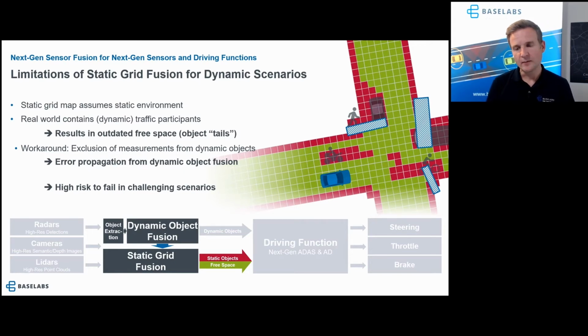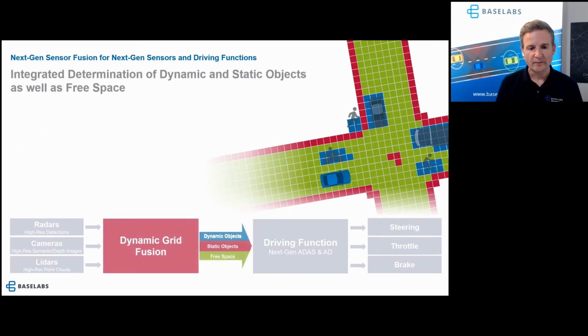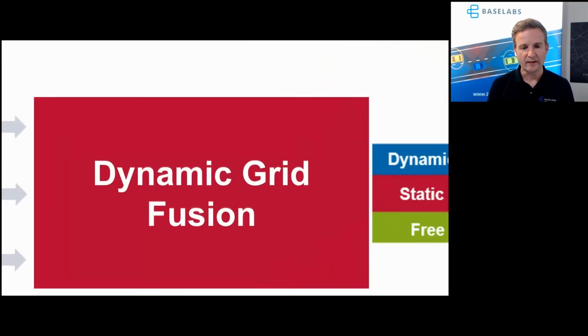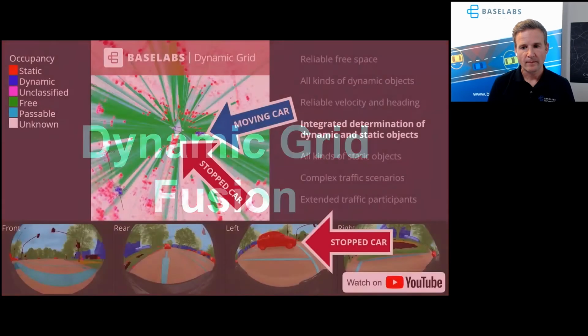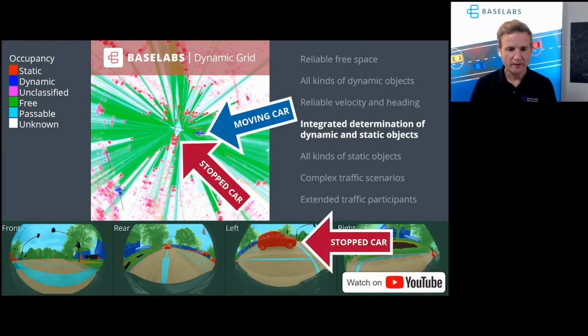All these limitations led to a new development, and we call this development and our approach dynamic grid fusion. Now let's have a look at the dynamic grid fusion in detail. I have a small video showing the dynamic grid fusion in action, and you can see this in the center of this video in the colored image.